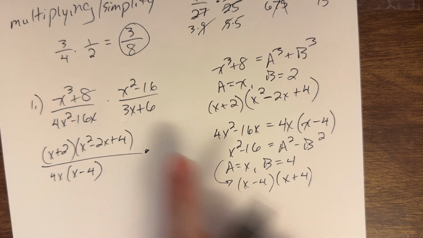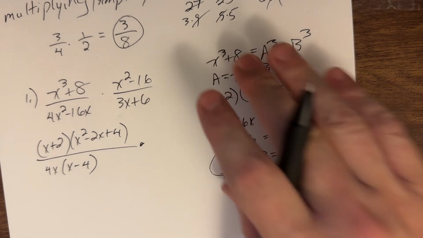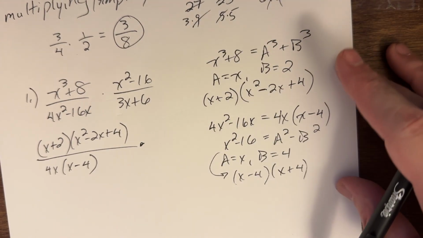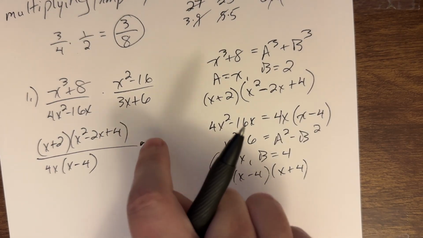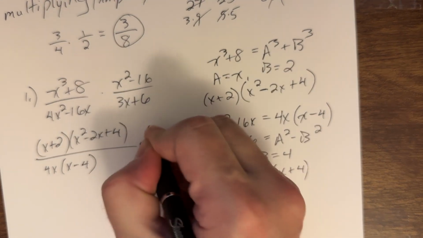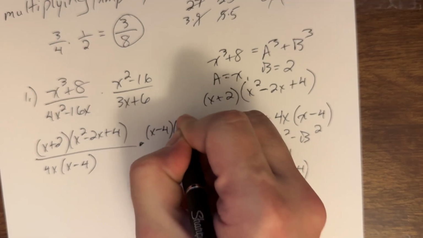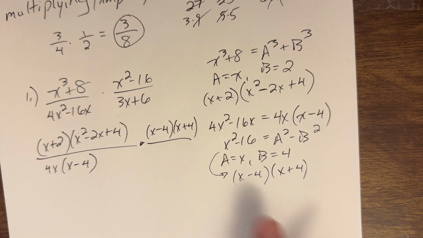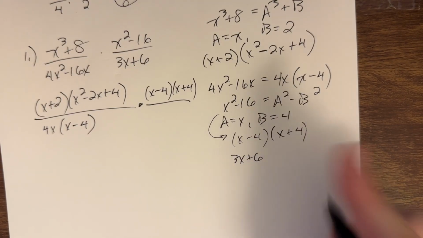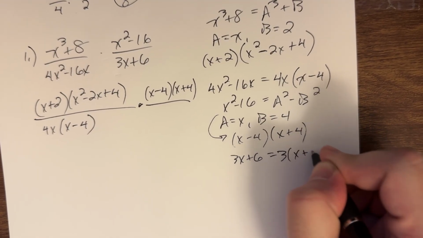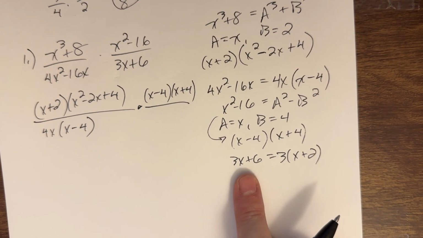And I bring that up here. This is exactly what I mean, everybody. I could take as much space as I want over here, take my time, do a good job factoring, so that I could bring my clean factors back up here. X minus 4, x plus 4. And then last, the 3x plus 6. Well, that just has a simple 3 that comes out. But that's easy to miss, everybody.